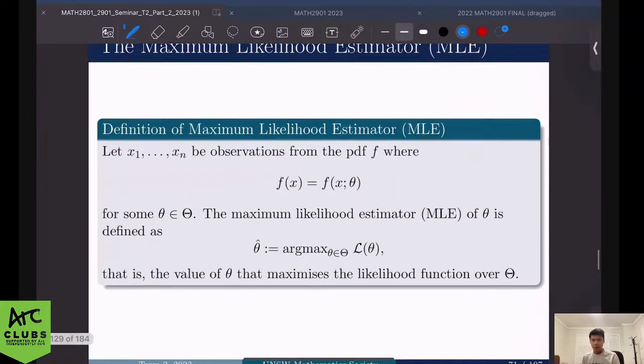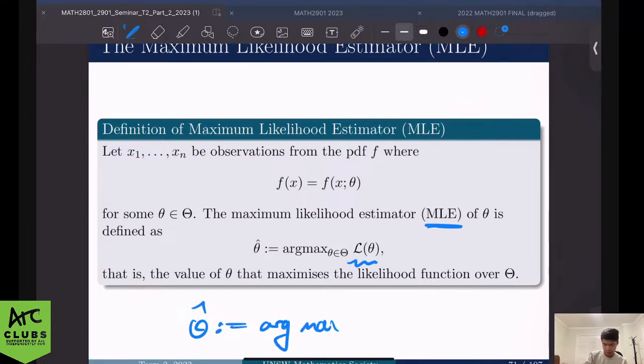All right, so that's the definition. The maximum likelihood estimator is the number that maximizes the likelihood function. And actually, this is equivalent to maximizing the log likelihood function, right?